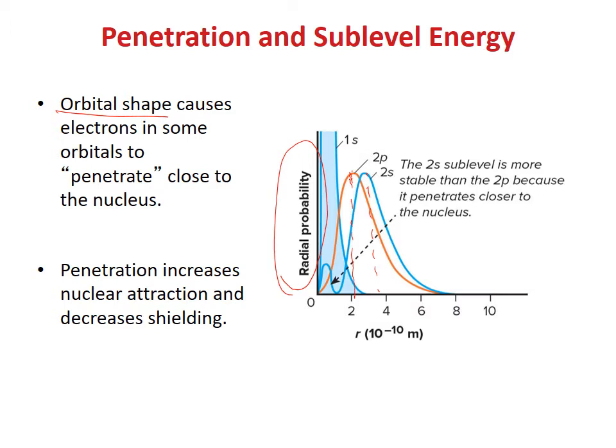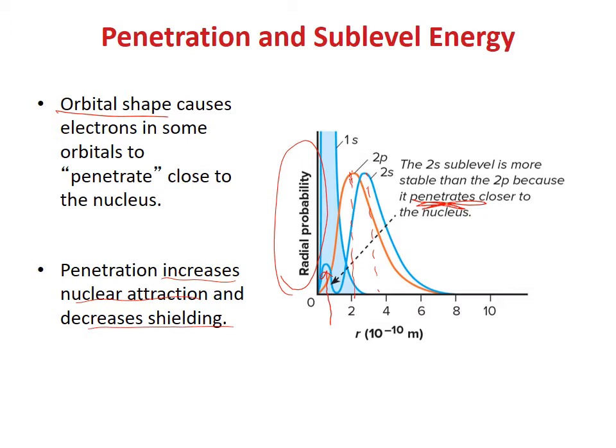However, the 2s orbital also has a small maximum here that is even closer to the nucleus. And therefore, an electron in the 2s orbital can penetrate closer to the nucleus. And this penetration increases the nuclear attraction of the 2s orbital and decreases the shielding effect.